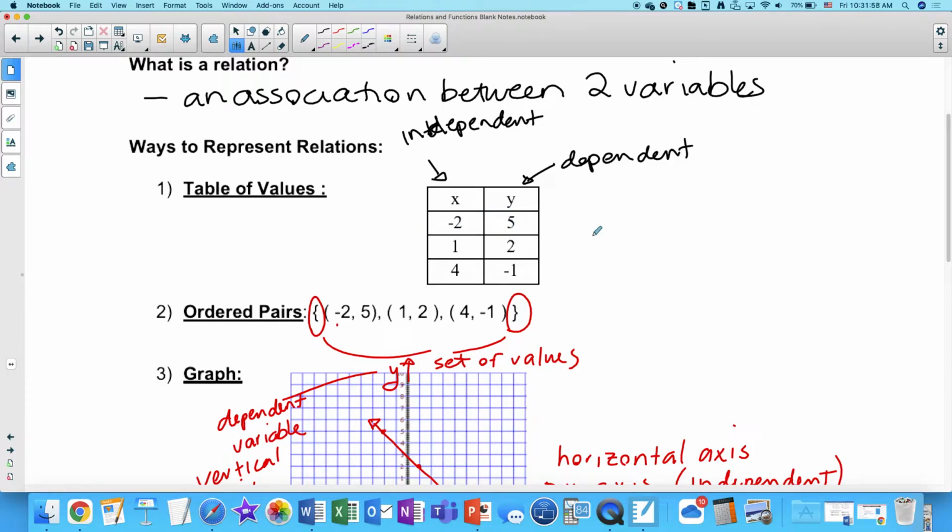So when x is -2, y is 5. When x is 1, y is 2. When x is 4, y is -1. Can you guys recognize any sort of trend or pattern? Not pattern going this way between the x values or between the y values, but pattern going this way amongst the rows.